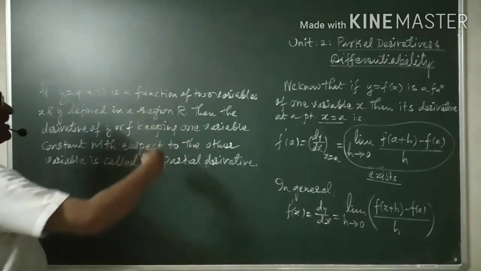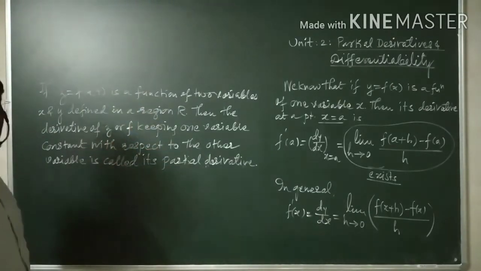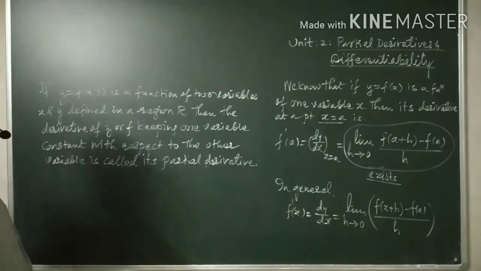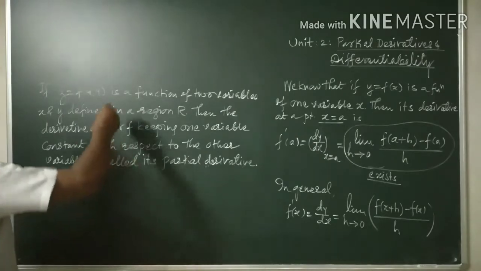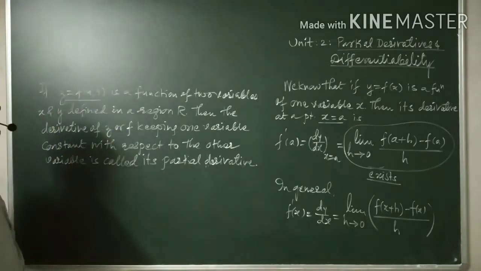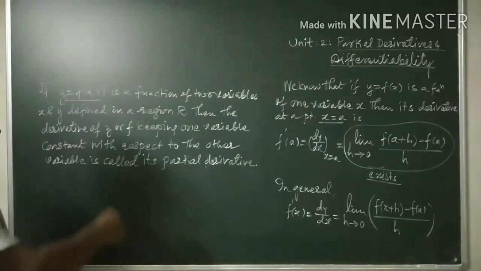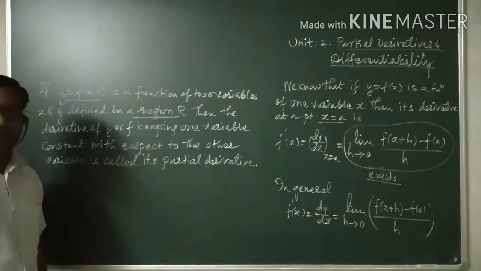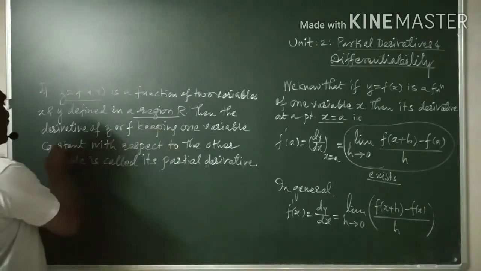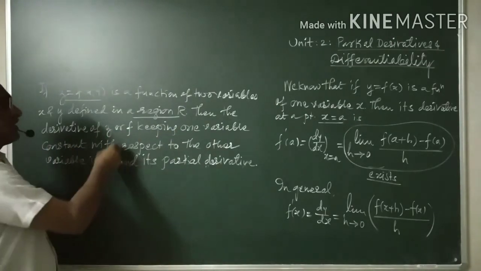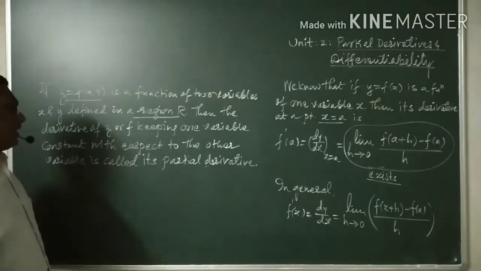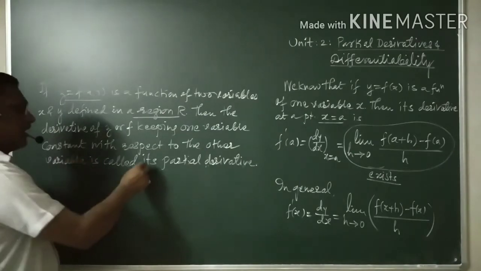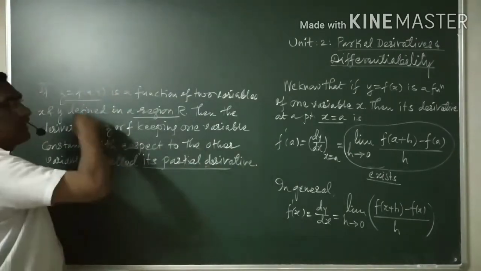And again, this can be extended to functions of three variables or four variables. I mean to say, functions of several variables. How to find the partial derivative? If we have given z is equal to f of x, y, a function of two variables x and y, defined in some region R, then keeping one variable constant, the derivative with respect to the other variable is called a partial derivative of the given function.